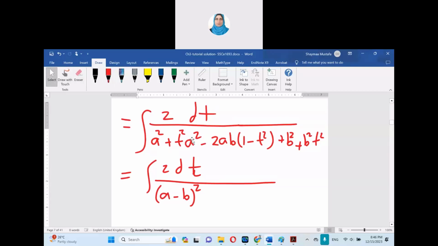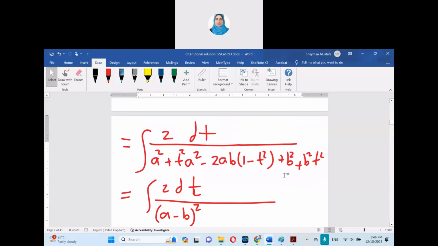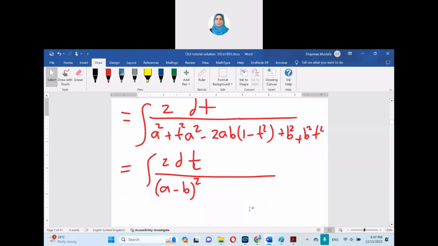Now we have t square a square minus 2ab t square plus b square t square, and this one is a plus b square t square.